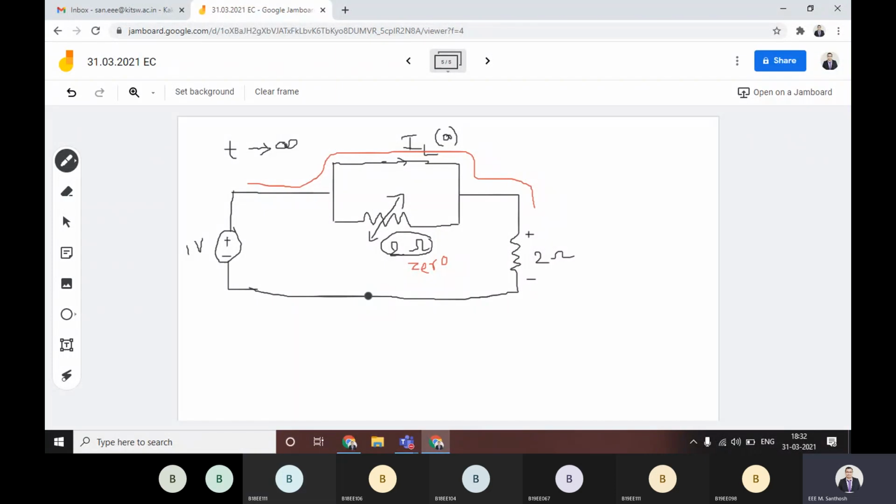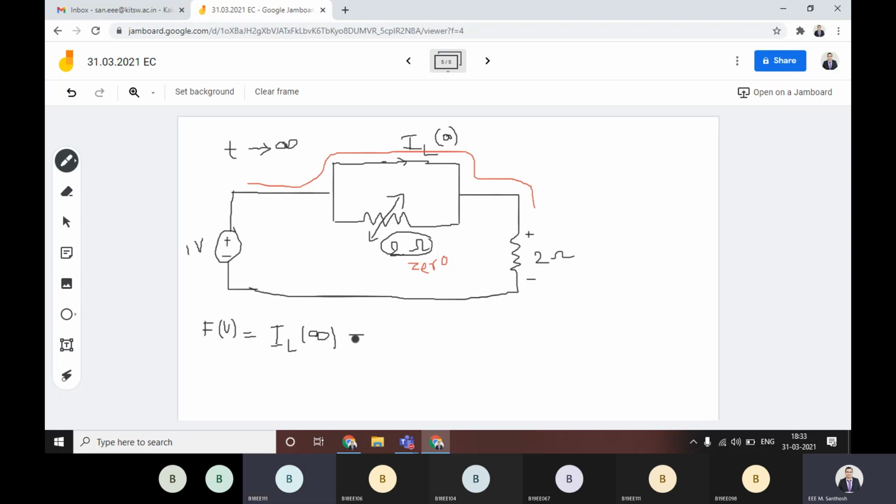Yes, sir. Then for calculation of the final value, first I am calculating the final value. This final value is equal to IL of infinity. Then the value 1 volt is there. Then this is connected to 2 ohm. What is the current? 0.5.